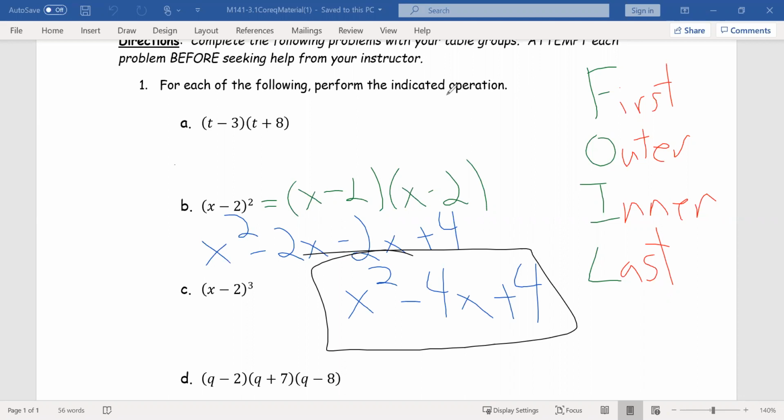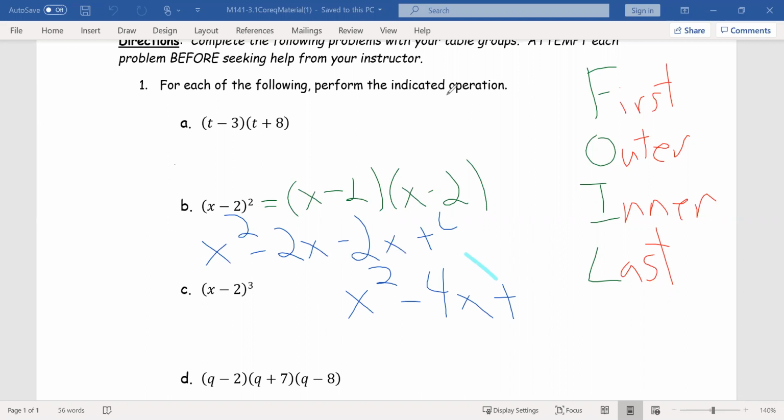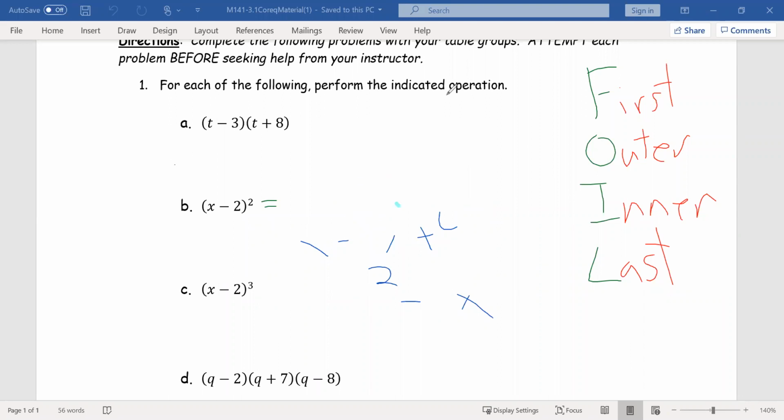We do a similar thing on the next one, although in this case it's x minus 2 cubed, which means we would do x minus 2 times x minus 2 times x minus 2. We'd have some additional work to do there. And then the last one, q minus 2 times q plus 7 times q minus 8, we'd also have to do some foiling.